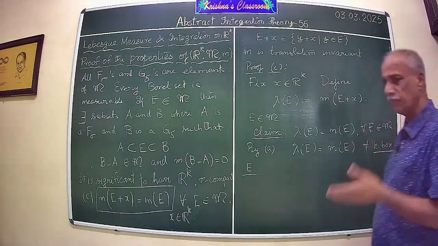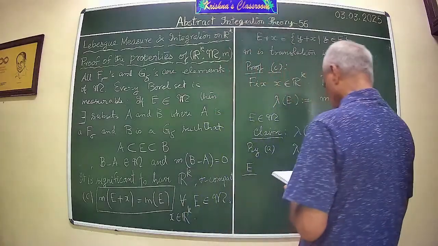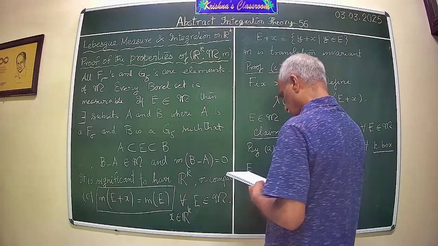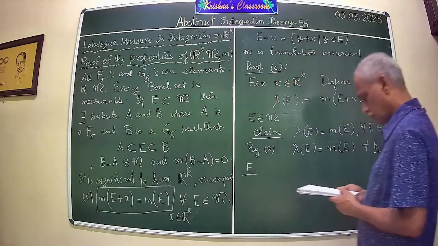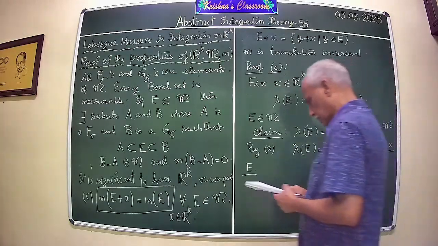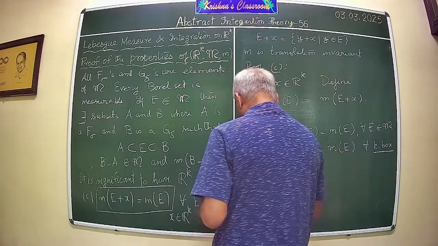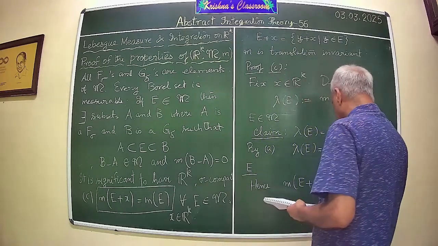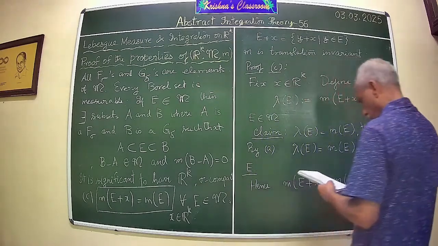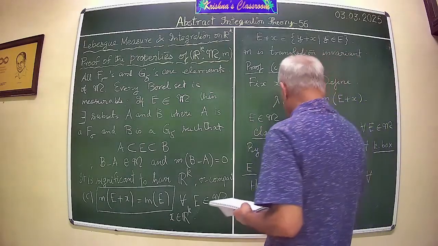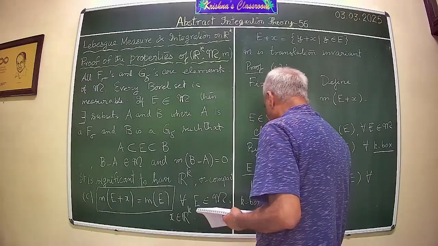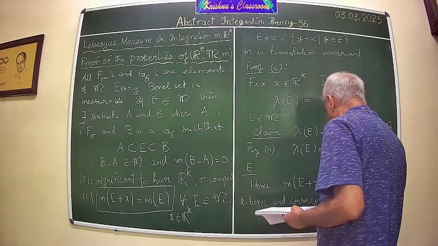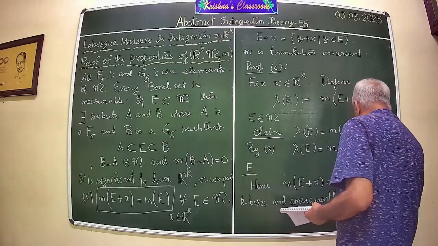Okay, so now we have to go from the boxes to the power sets. Hence, the measure of E plus X is equal to the measure of E for every box, and consequently for all Borel sets.